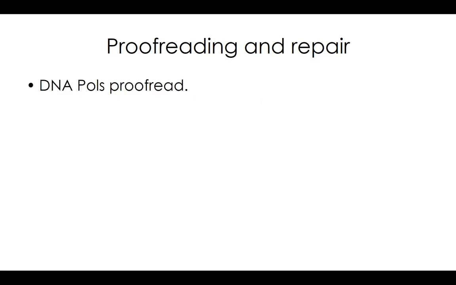So to help with that, DNA polymerases can proofread. They can proofread their own work as they go. In terms of being a polymerase, they only synthesize in the 5' to 3' direction, so they have 5' to 3' polymerase activity. They can only add to the 3' end. We spent a lot of the last video talking about that point.